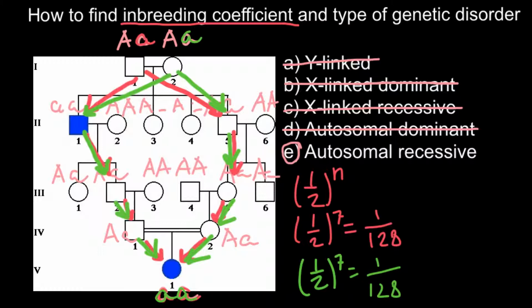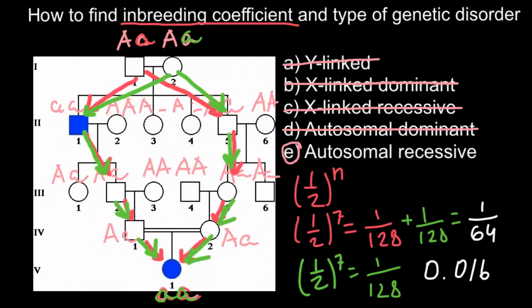That also would give us 1/128. So now, because we have 2 variants how this person may get this genetic disorder, we have to add these 2 chances. So plus 1/128. And the answer here would be 1/64, or decimal number would be 0.016.